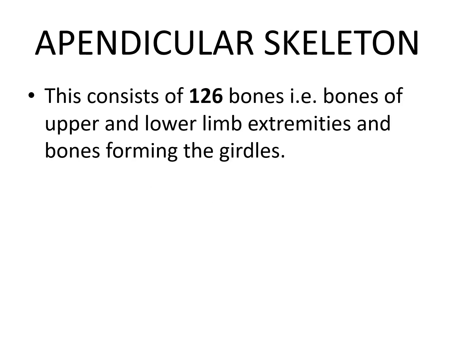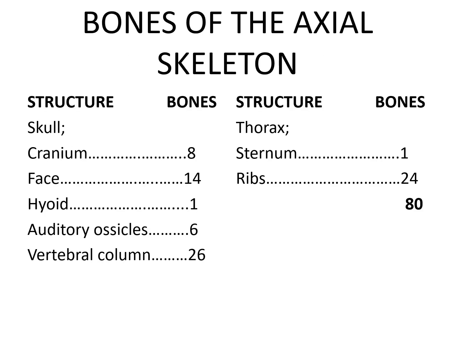This now brings us to the appendicular skeleton, which consists of 126 bones. These are the bones of the upper and lower extremities, and the bones that form the girdles, the pelvic and the shoulder or pectoral girdles.